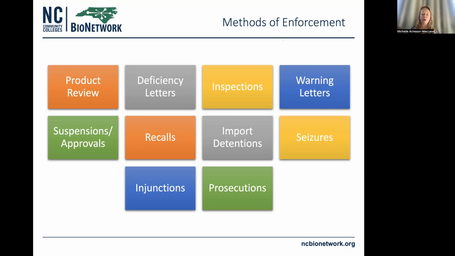That's like a light warning. Gives you a little bit of time to fix your problem. If you don't, then you get a warning letter that's public, that goes on their website. And now everybody knows that you aren't following regulations, and it starts costing you a whole lot more money because now they have extra fees coming in.